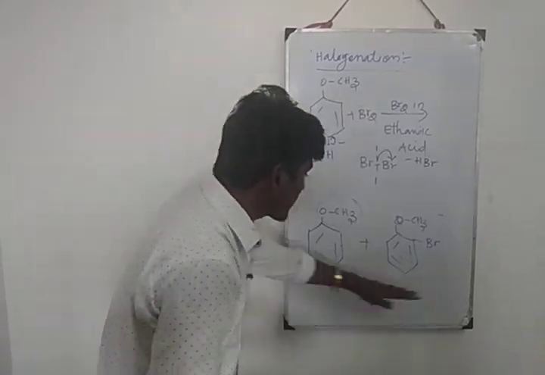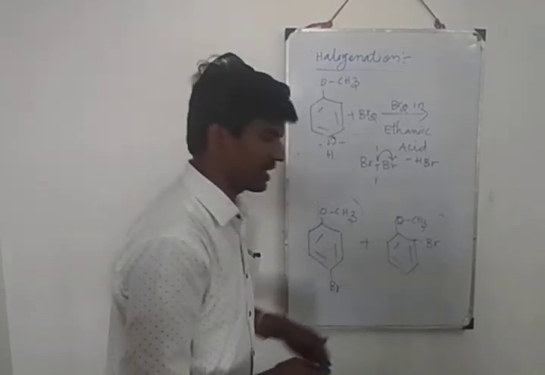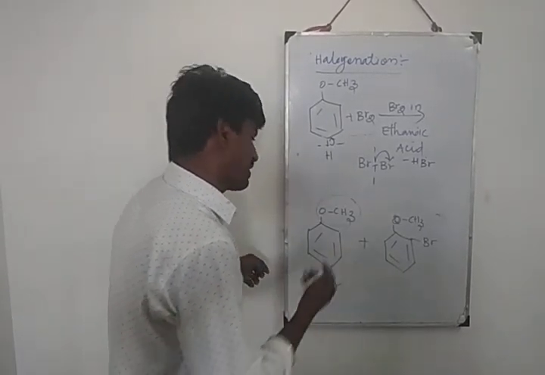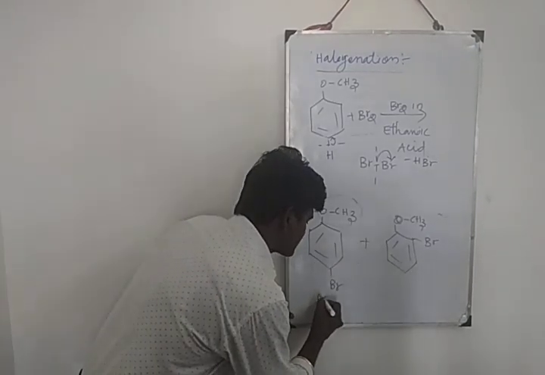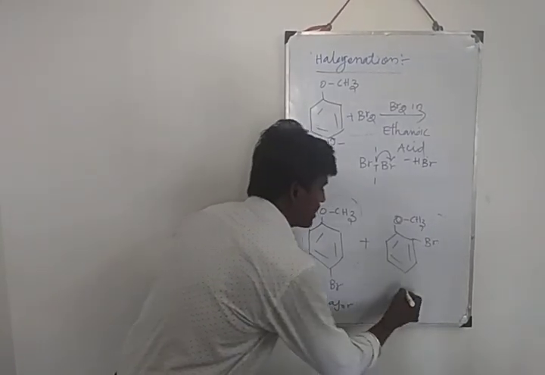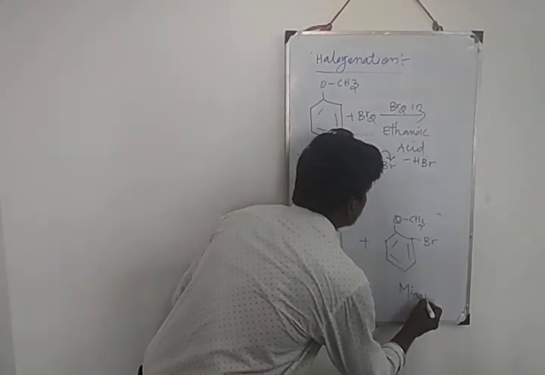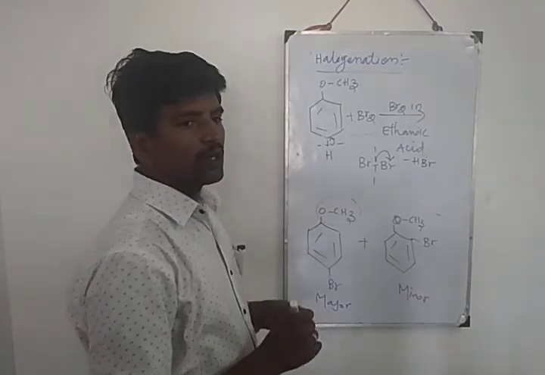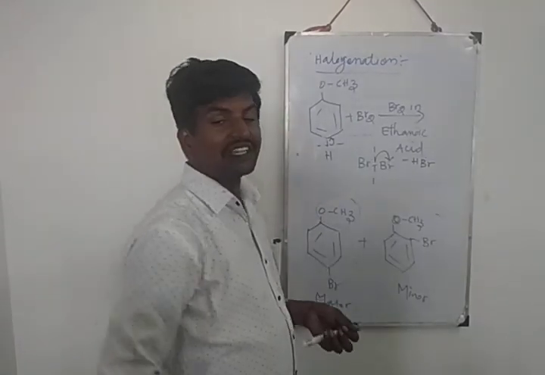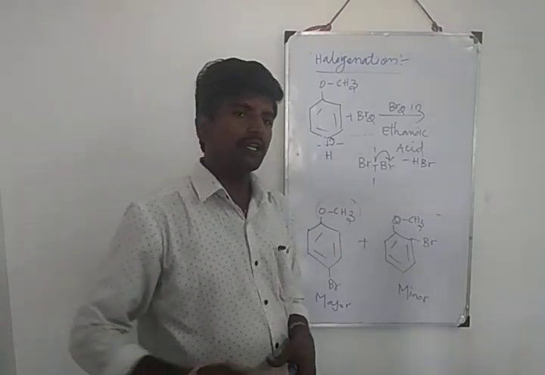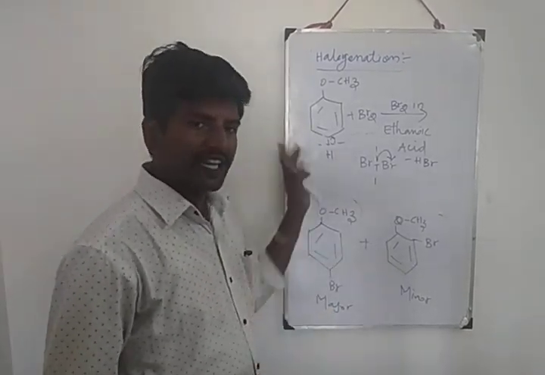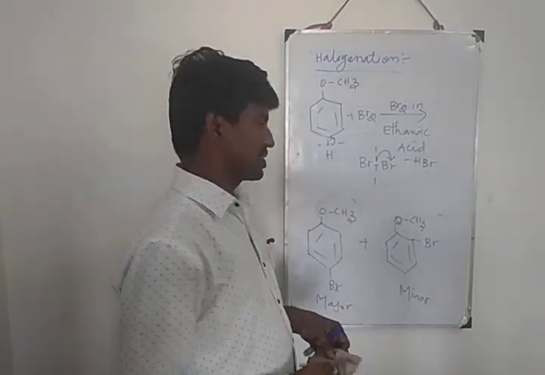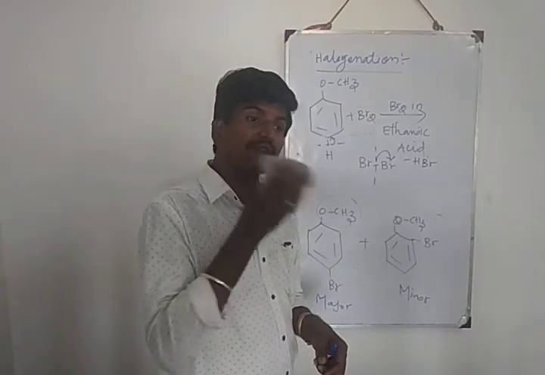One is the para product, another one is the ortho product. Which one is the major product? The para product is always the major product. This is the major product. This one is the minor product. Okay. So that is the halogenation process in aromatic ether, I mean anisole. So the second reaction is also over. First reaction in anisole, nitration. Second reaction, halogenation. Third one is Friedel-Crafts alkylation.